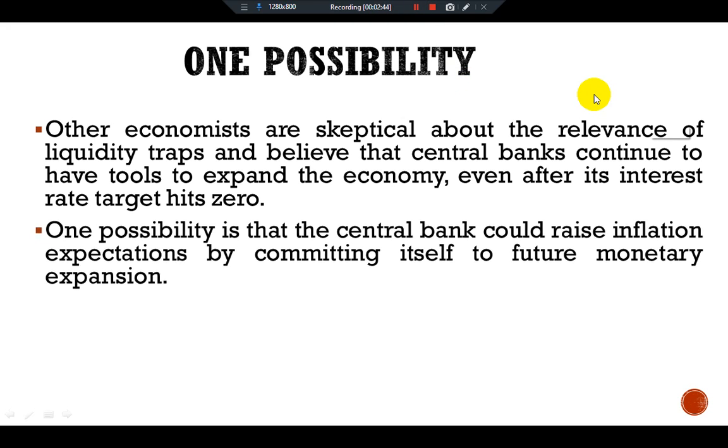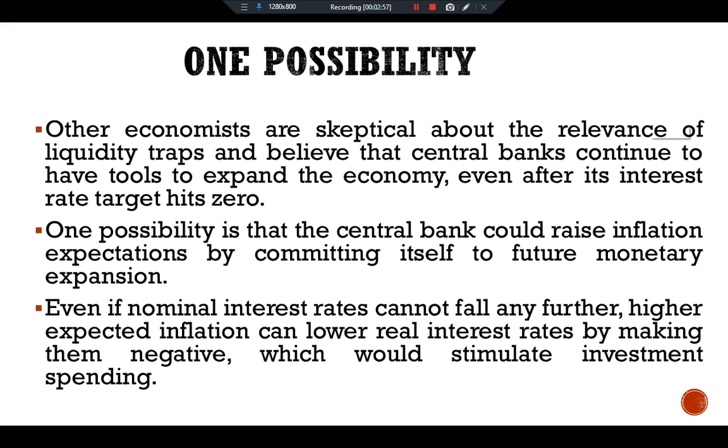For that, one possibility is that the central bank could raise inflation expectations by committing itself to future monetary expansion. Even if nominal interest rates cannot fall any further, higher expected inflation can lower real interest rates by making them negative, which would stimulate investment spending.